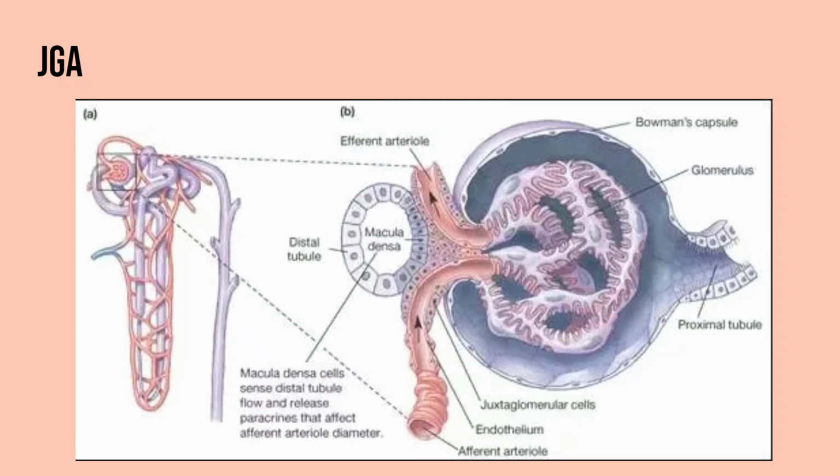So if the afferent arteriole is stretched, that means that there's a lot of blood in there and the filtration rate is really fast. So the myogenic response just constricts the blood vessel to try to regulate the filtration rate.